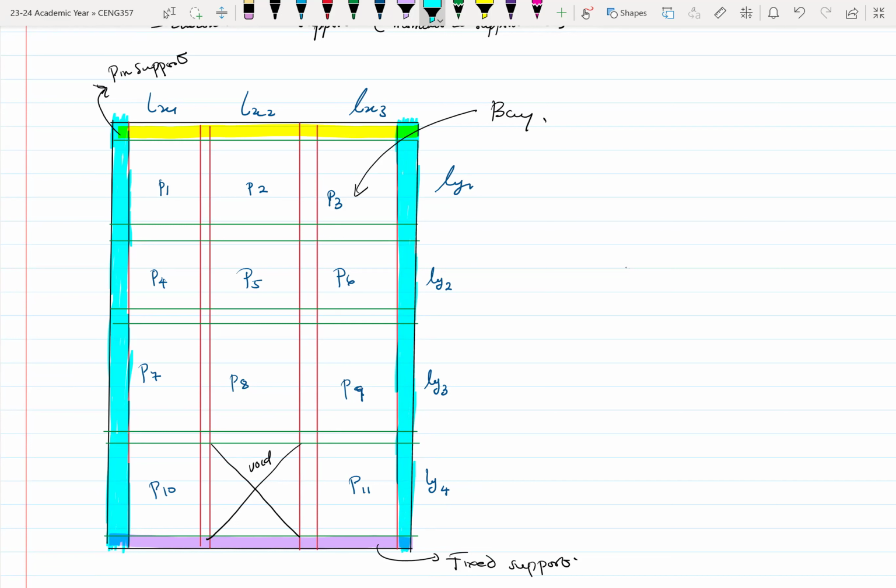So let's just make these ones right. So this is also fixed supports for now. Maybe this is fixed. I should have just changed the color. What should I do? Okay. Let me change the color for one, then hopefully it works. Let me just erase.